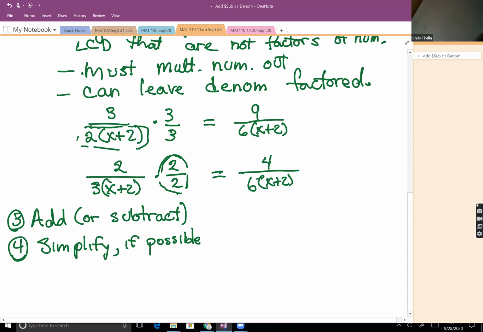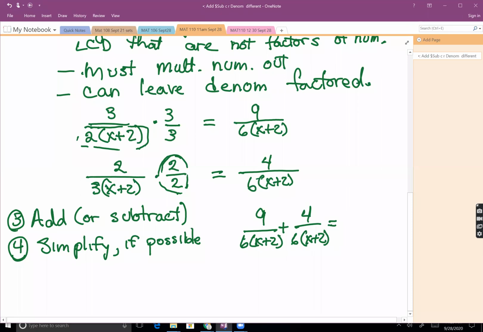So with this one, when I take 9 over 6 times x plus 2 plus 4 over 6 times x plus 2, do we have the same denominator? Yes. Did we work hard to get it? Yes. So we're going to keep it. And then when I add the numerators, I get 13 over 6 times x plus 2.